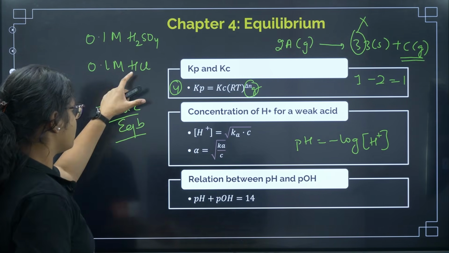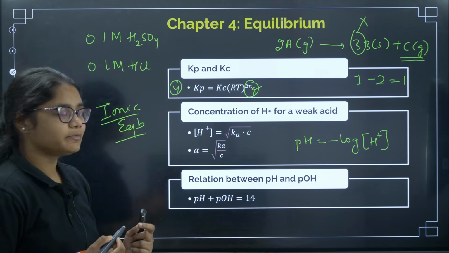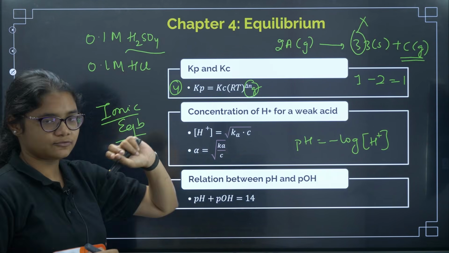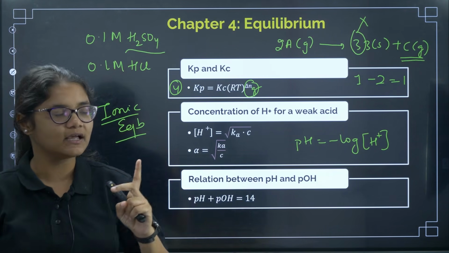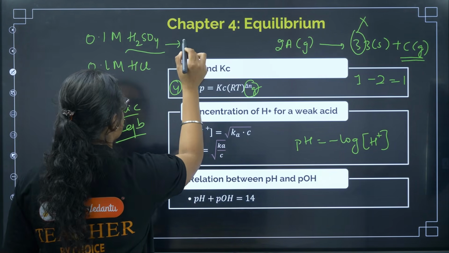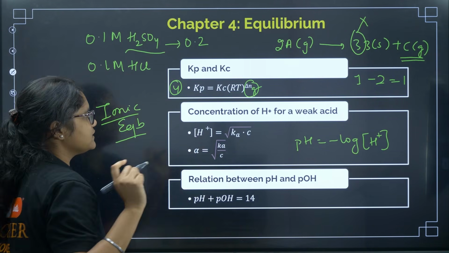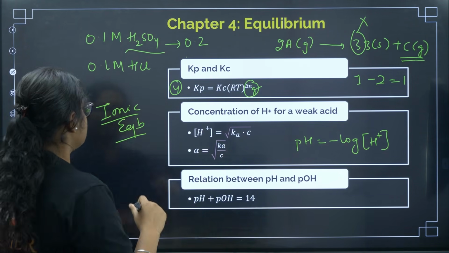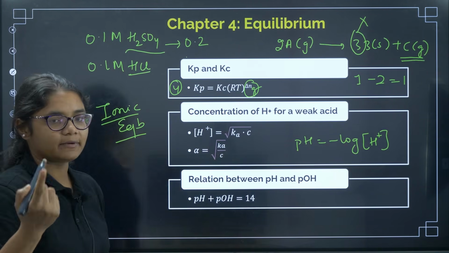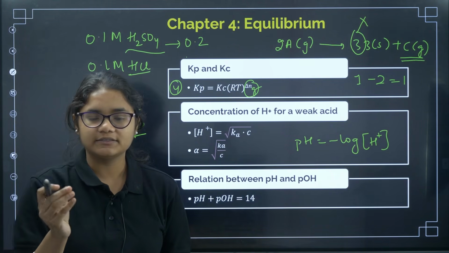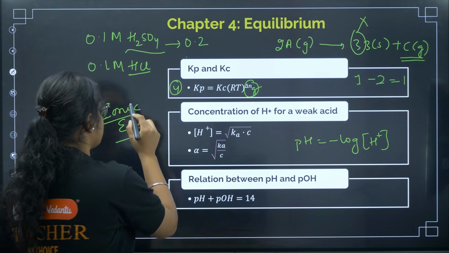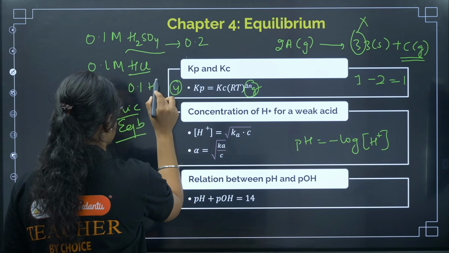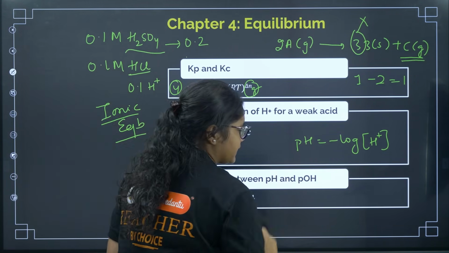Now both of these are strong acids, right? So from 1 mole of H2SO4 we are getting 2 moles of H plus. So from 0.1 I will get 0.2, so the concentration of H plus will be 0.2. We can directly substitute here. Similarly, from 1 mole of HCl I am getting 1 mole of H plus. So from 0.1 mole of HCl I will get 0.1 mole of H plus, and that also we can substitute.